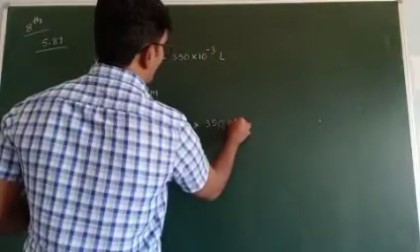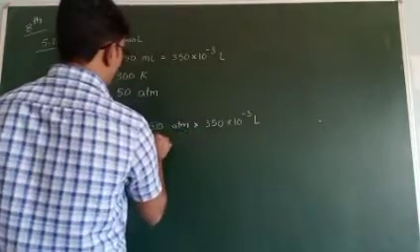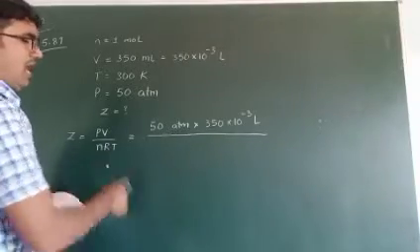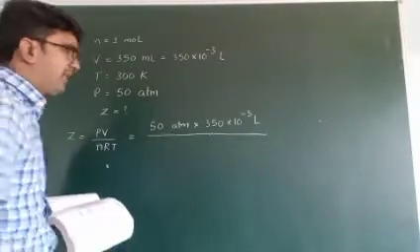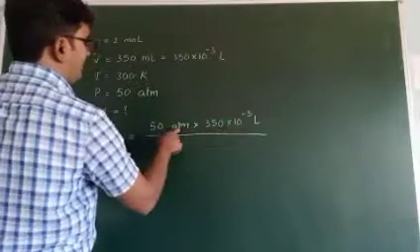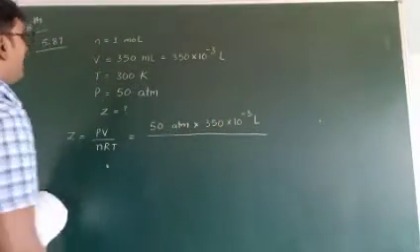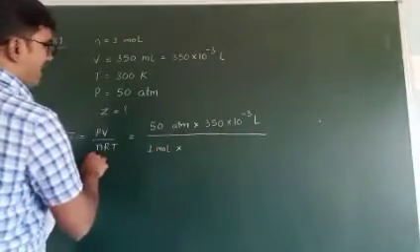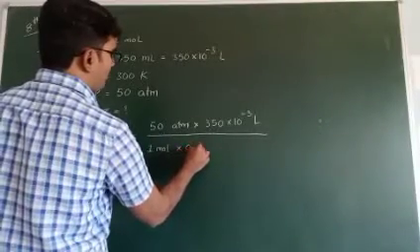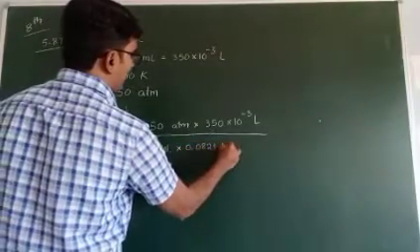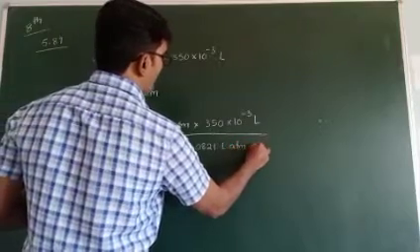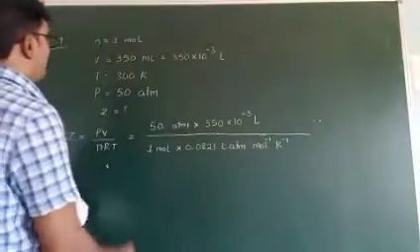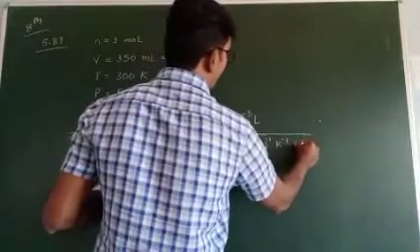That is based on the R value. R values are in liter atmosphere units. That's why the volume and pressure must be in liters and atmospheres. n value is 1 mole, into R value 0.0821 liter atmosphere mole inverse Kelvin inverse, and temperature 300 Kelvin is given directly.